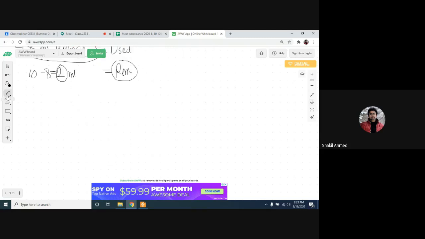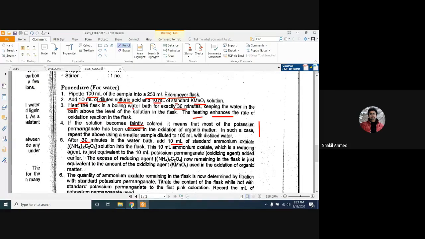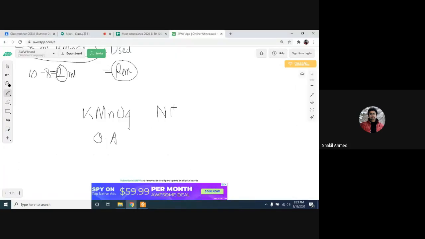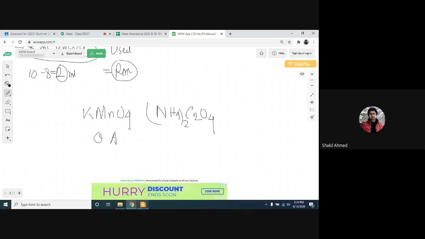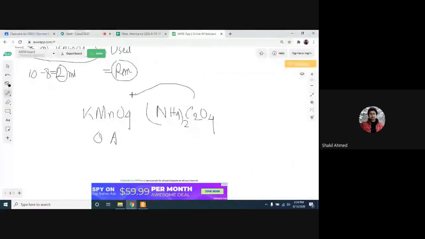Now let's come to another topic. This potassium permanganate is an oxidizing agent, an oxidant. There is another thing, ammonium oxalate. This is exactly the opposite. This is an oxidizing agent and this is a reducing agent.